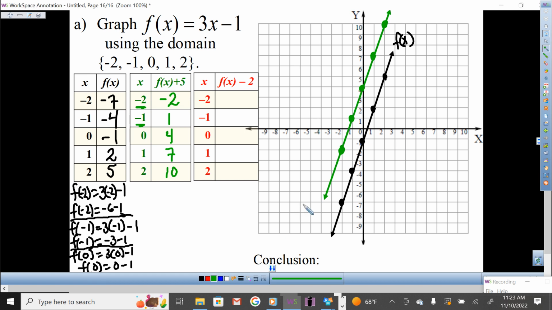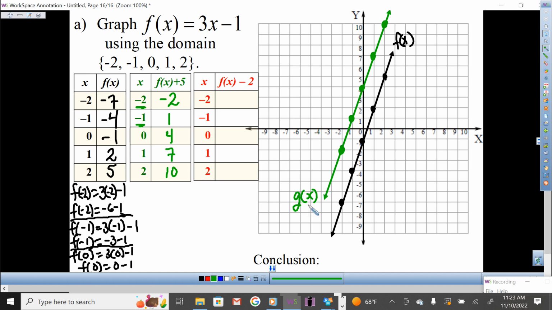So this one we're going to label something different. We're going to label it g of x. From now on, anytime we do a transformation from the original, the newer one can no longer be f of x. We're going to label it g of x. Okay? So far so good? We good? However, I want you to see something.